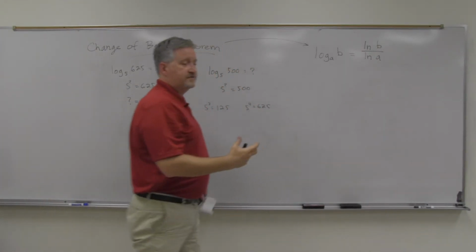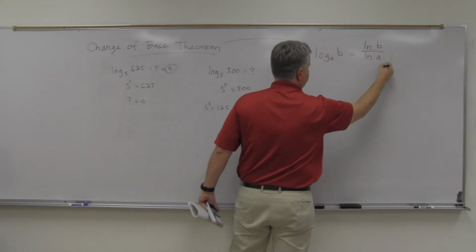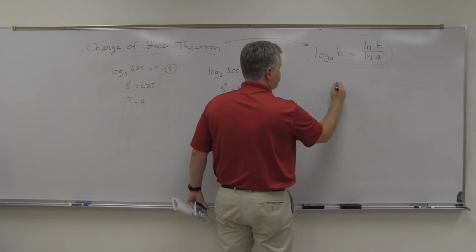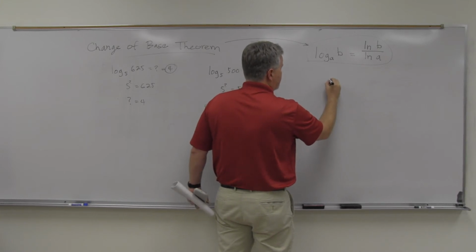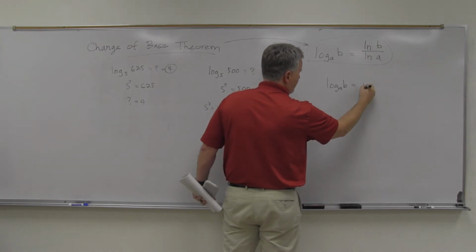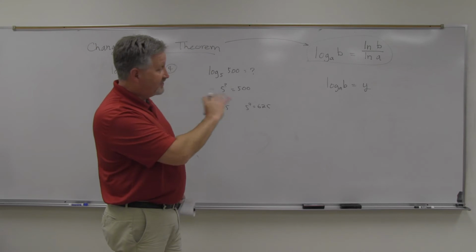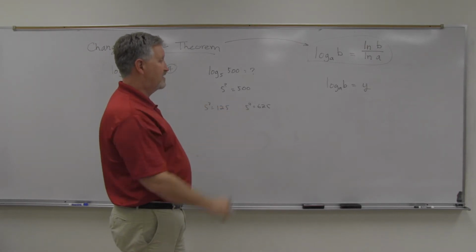Now, where does that come from? We'll use this in just a second, but I'll show you where we get this. So we've got the log base A of B, and I'm trying to figure out what it equals, call it Y. That's kind of a log equation.